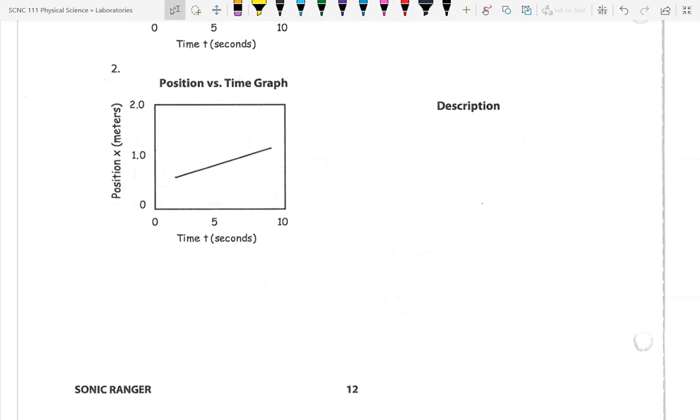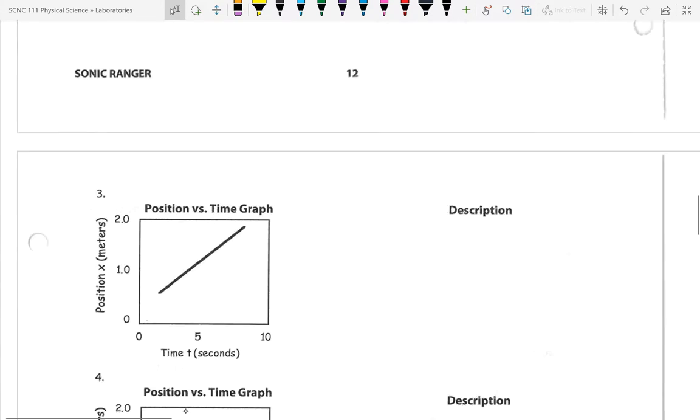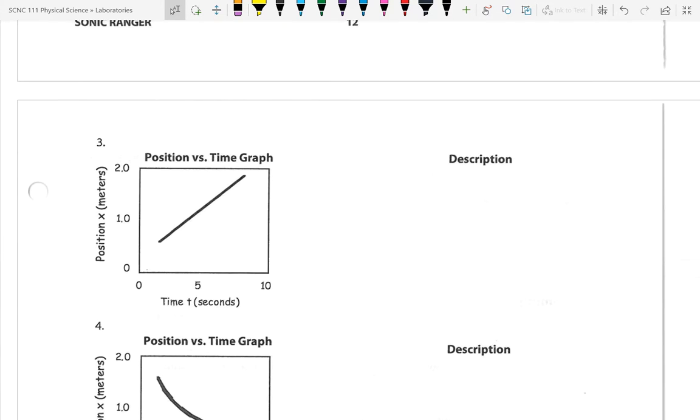What's this one doing? Okay, the object is moving away because it now has a positive slope. And is the slope changing or staying the same? Staying the same, right? So the goal for today's lab, part of it is to get these things so you can actually do it and see, yeah, that's actually what it's doing.